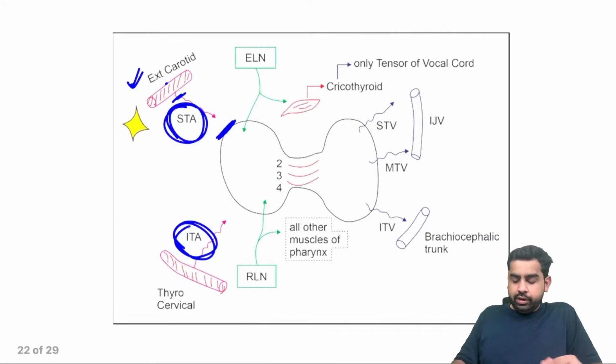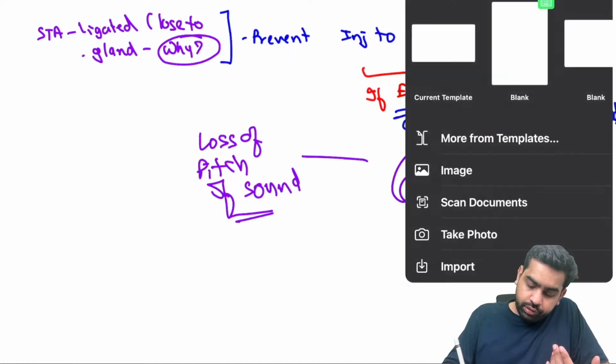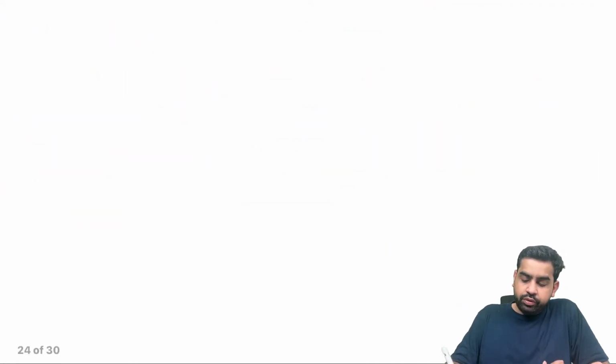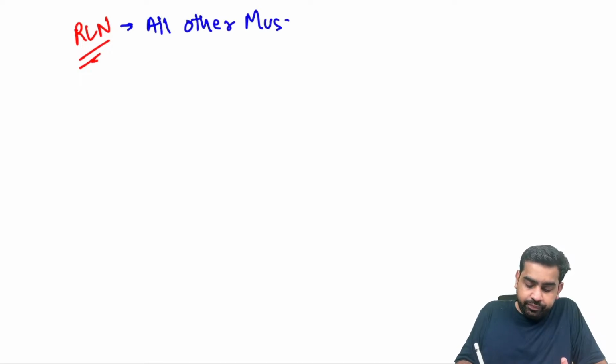Now let's talk about the recurrent laryngeal nerve first. What is the function of this particular nerve? This supplies all the other muscles of the larynx.